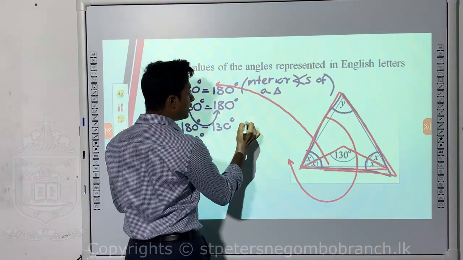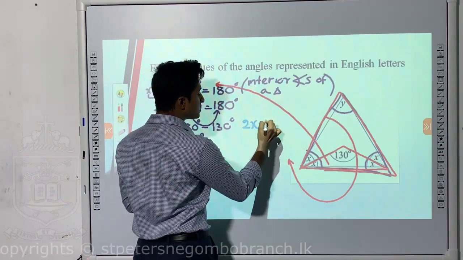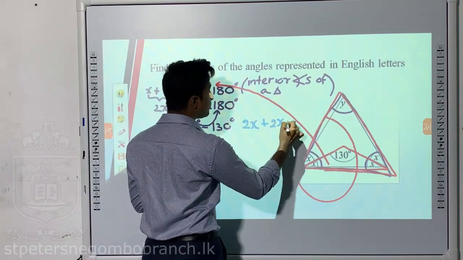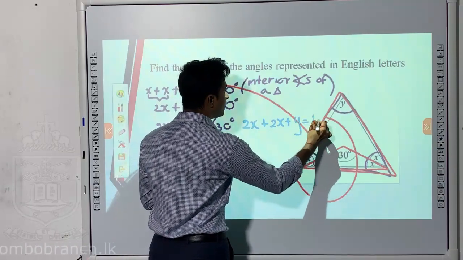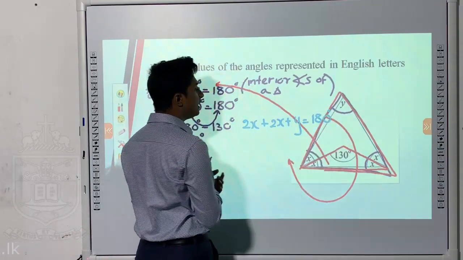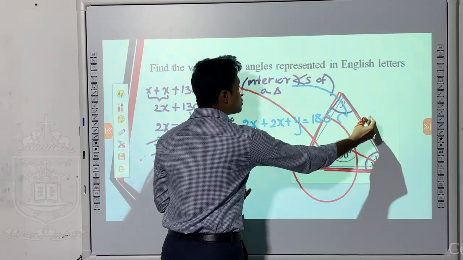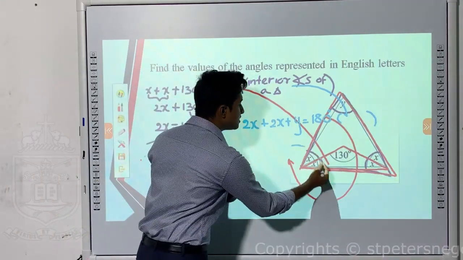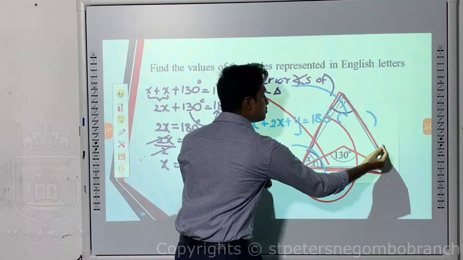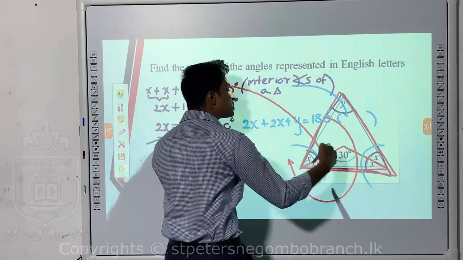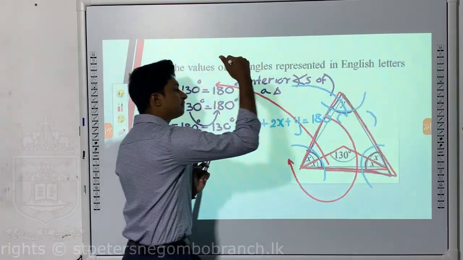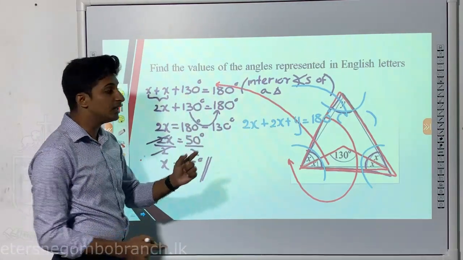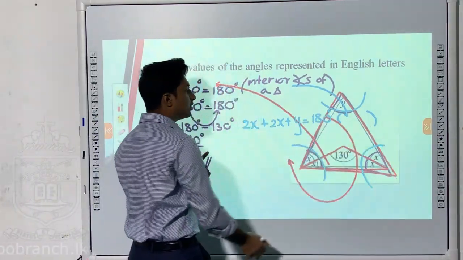So that is going to be 2x plus 2x plus y equals 180. You write the reason here also. How come 2x? x plus x is 2x, that is this angle. x plus x is 2x, that is this angle. So 2x plus 2x plus y, the full triangle, and also write the reason with it.